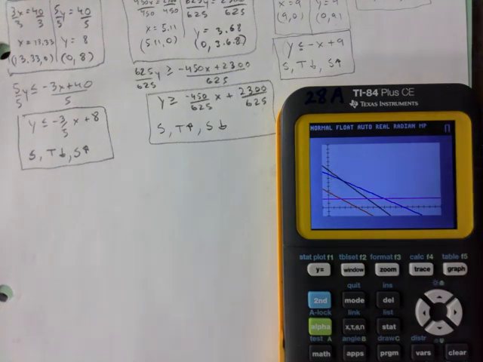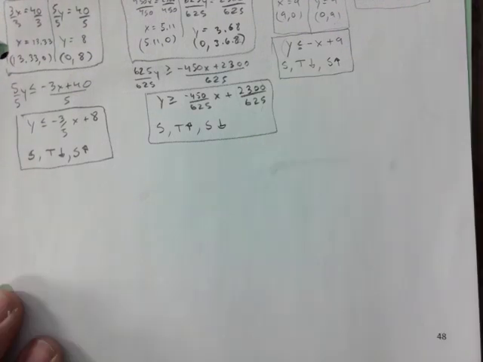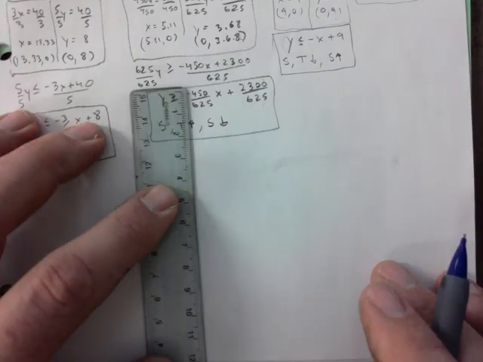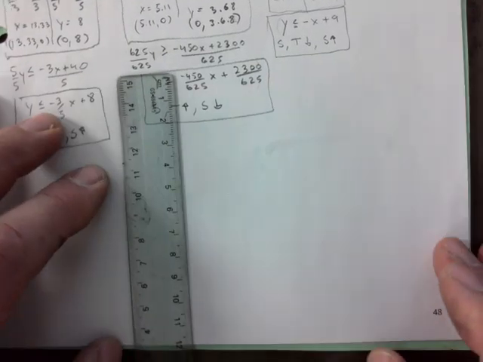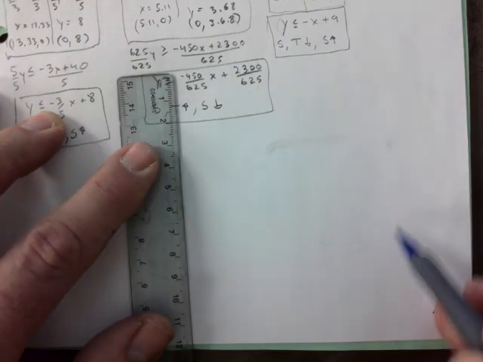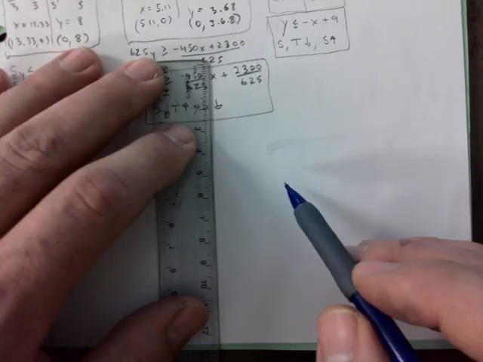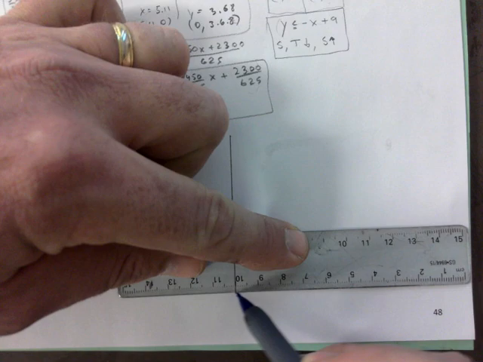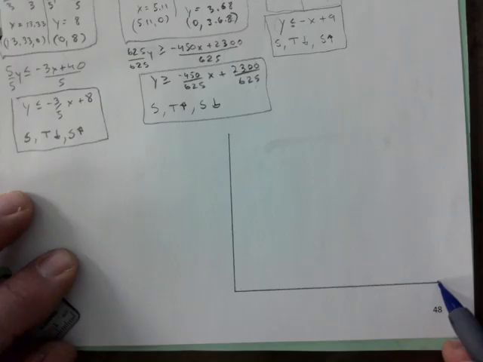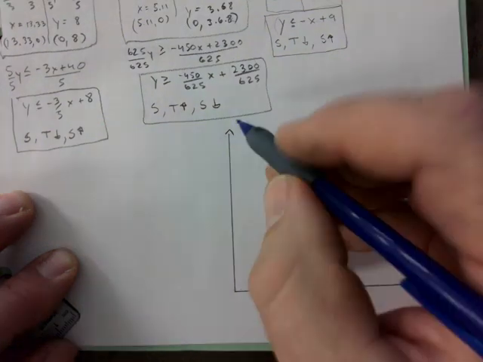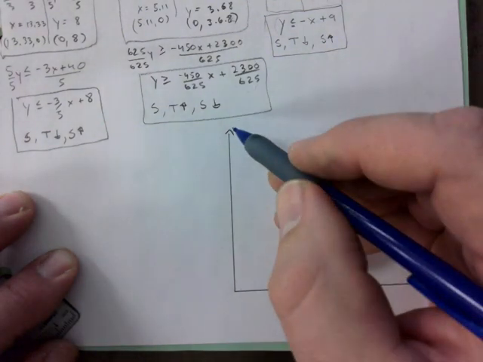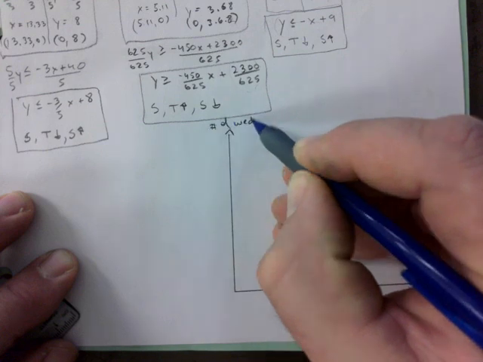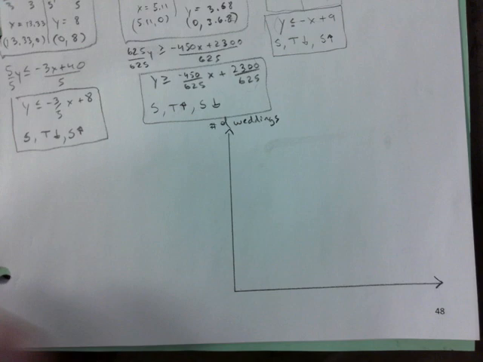So let's go ahead and graph it. Grab a ruler, if you have one. I'm going to stick to this corner because I'm going to find the POIs and all that later. Something like this. Based on our variables that we defined, this is the number of weddings, and this is the number of birthdays.